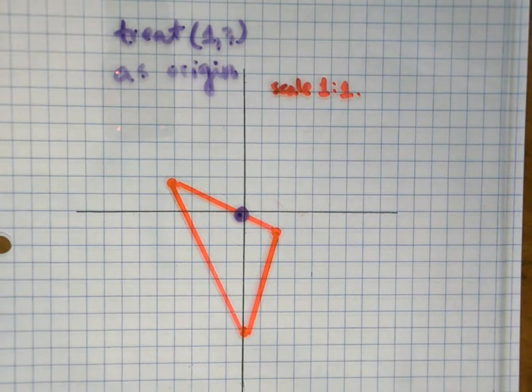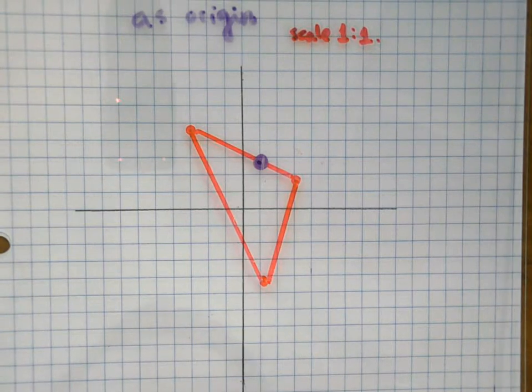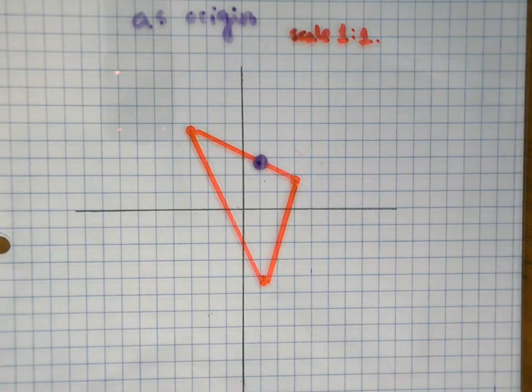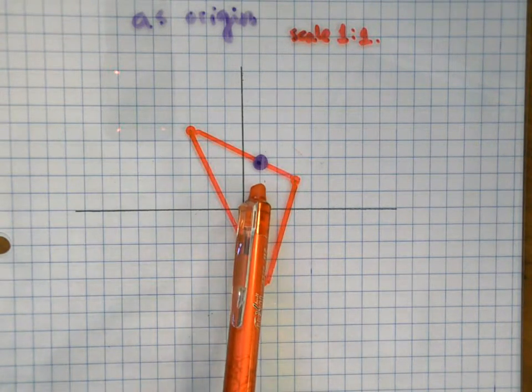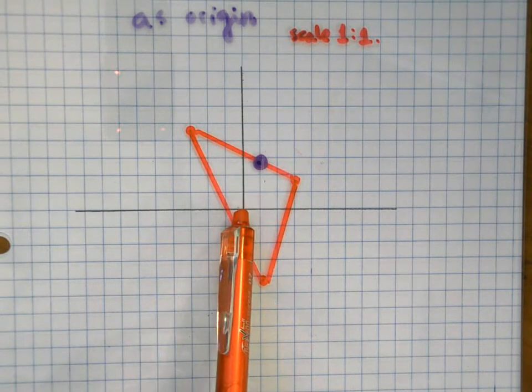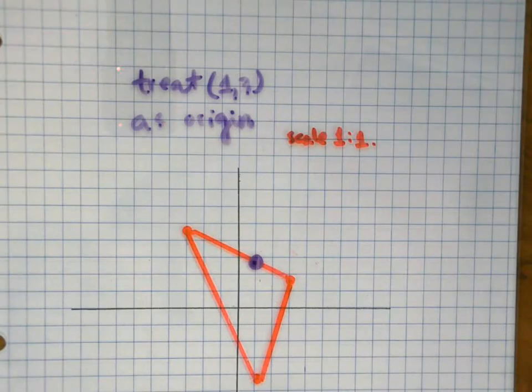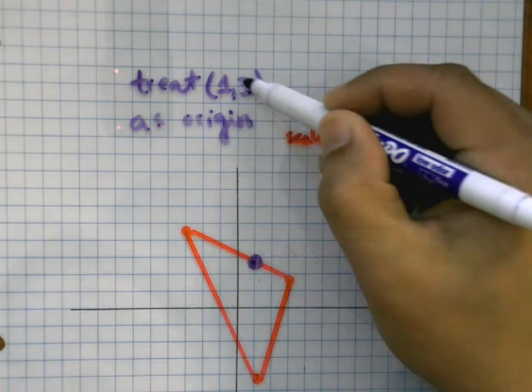If the origin used to be where it was before, this was our original image, okay? And if I change the origin, what I'm essentially doing is taking this entire picture and shifting it 1 to the left and 3 down. In other words, I'm doing the exact opposite of this particular point. Okay?